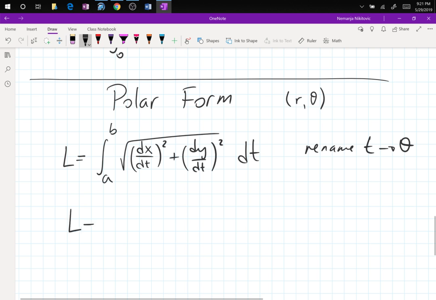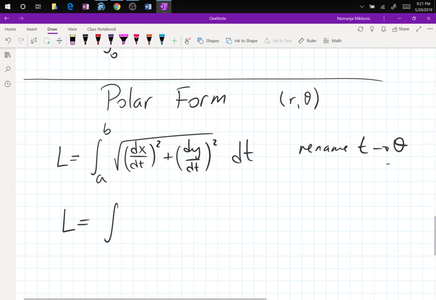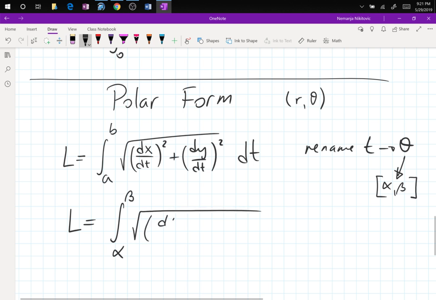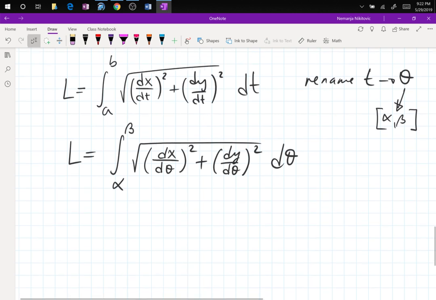Since now I rename this, the theta will bring alpha and beta into the game as our end angles. So now I have integral alpha to beta square root of dx d theta squared plus dy d theta squared d theta. So this is what we have.